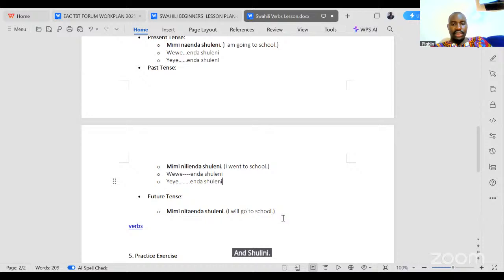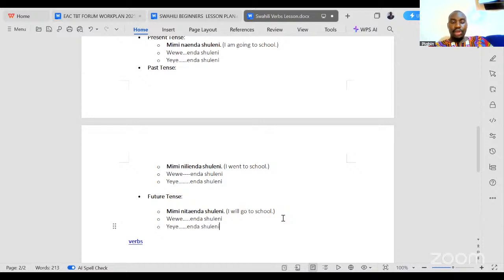And now here will be "wewe" again, "enda shuleni," in terms of the future tense. Then "yeye enda shuleni."